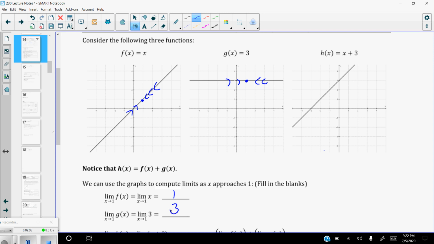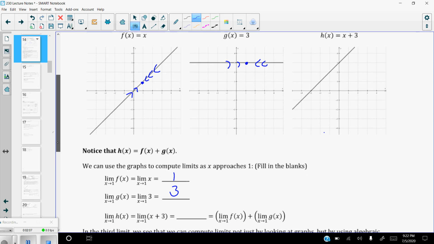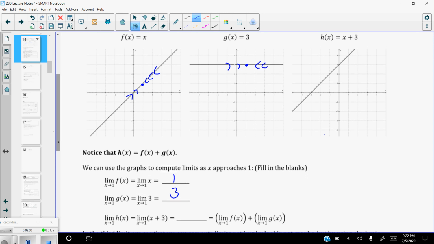All right, well now let's scroll this down just a little bit and look at the limit as x approaches 1 of h of x, which is the right-hand graph. Graphically, as x approaches 1 from both sides, it looks like we are approaching the y value right there of 4, which, if you look at it, is really just the limit of 1 plus 3.